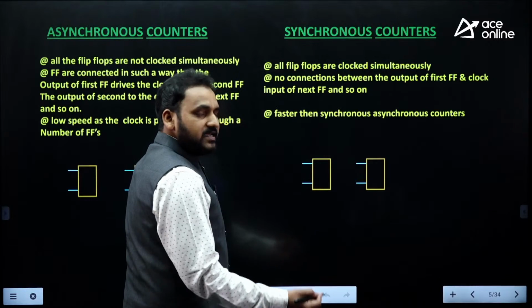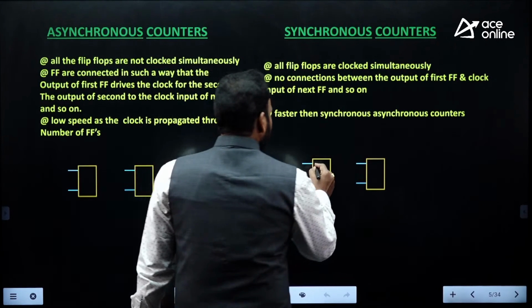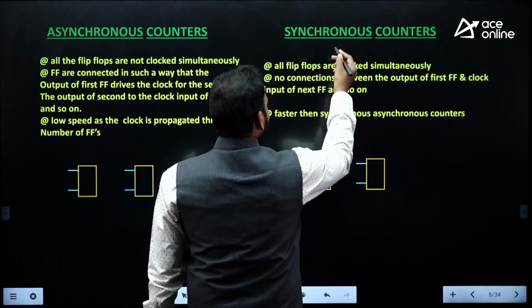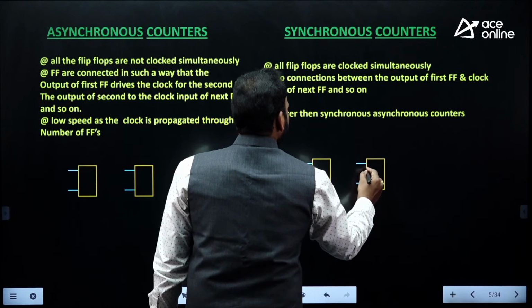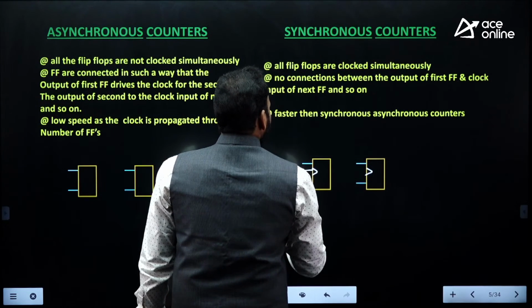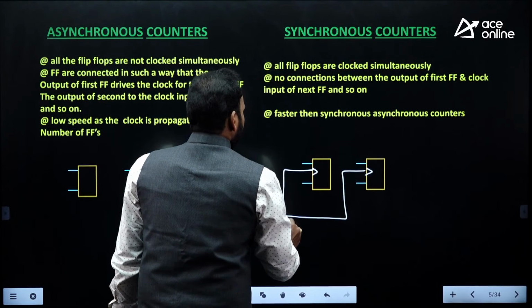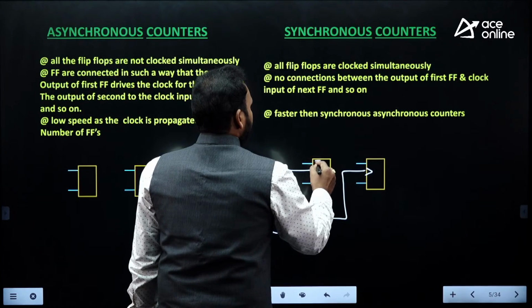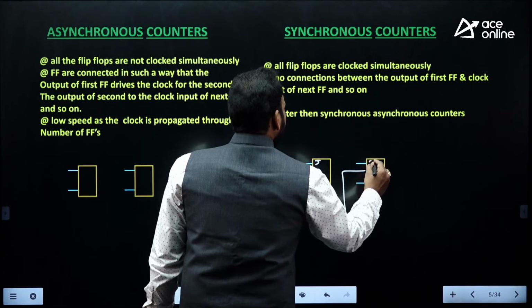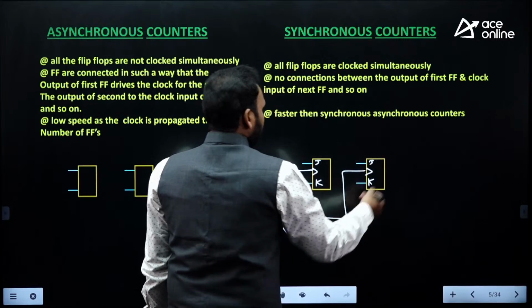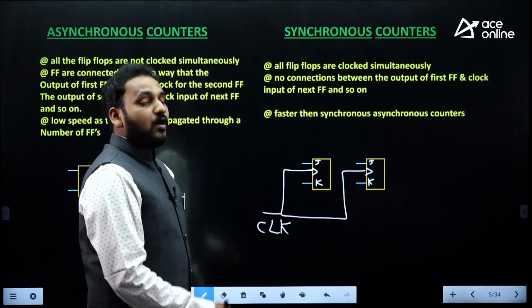Let us assume JK, T, D, whatever. But this is the clock. You see, in synchronous counters, we are providing the clock simultaneously. It may be JK or D flip-flop. It is decided by the actual name of the circuit or name of the counter, right?